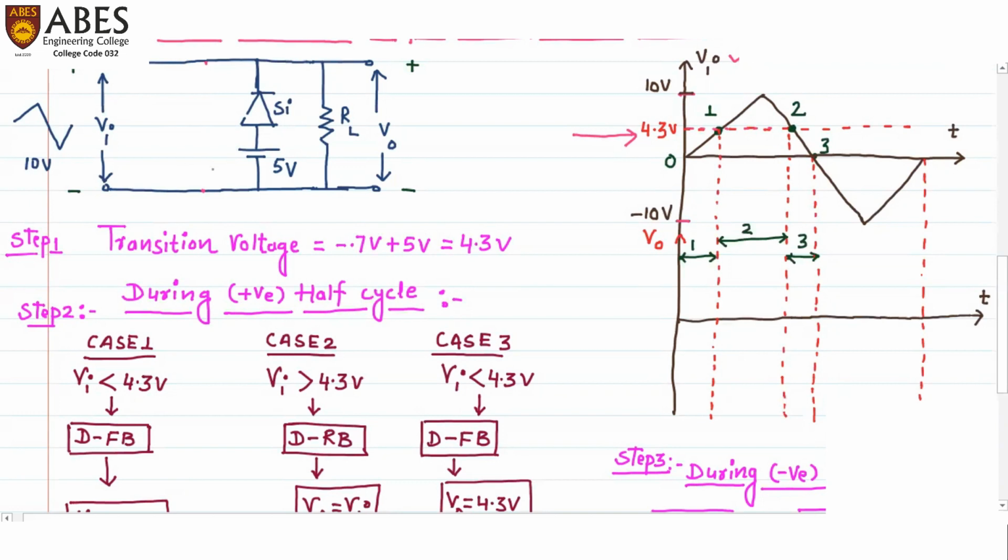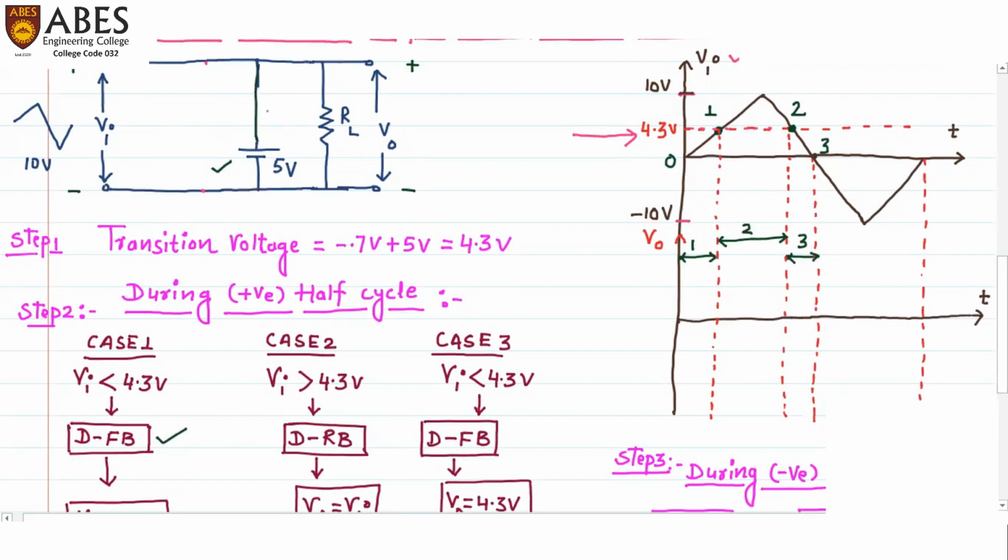That means the battery voltage is going to decide whether the diode will be forward biased or reverse biased. Here we can see the positive terminal of the battery is connected to the positive terminal of the silicon diode. That means the silicon diode will be forward biased, and the same I have written here. When the diode is forward biased, it will behave like a short circuit. So the circuit will be like this.